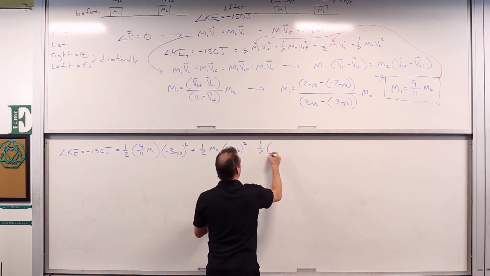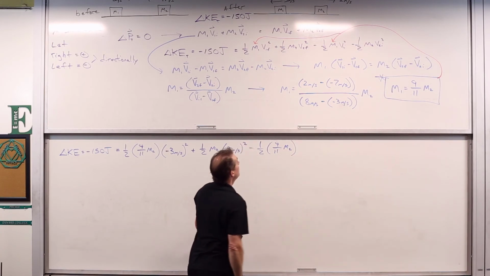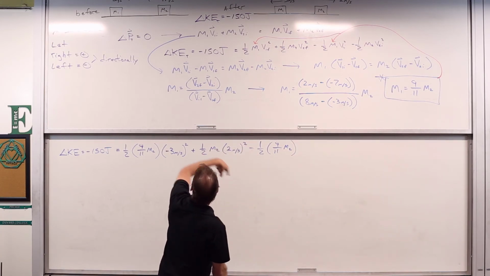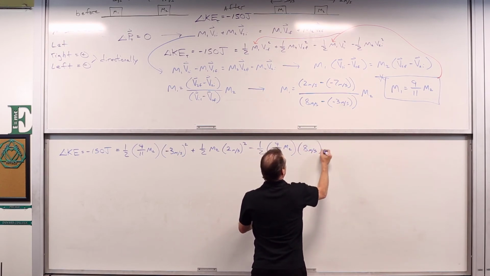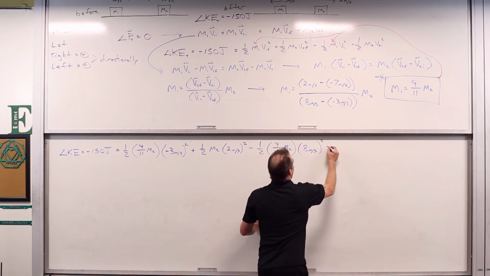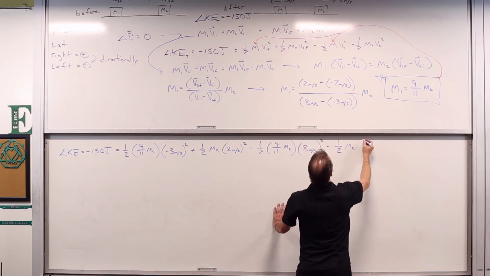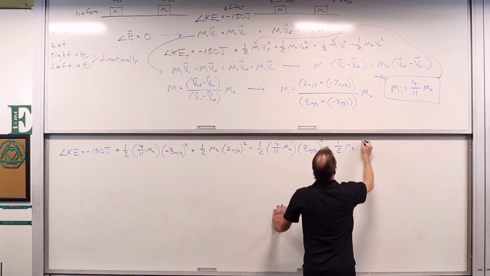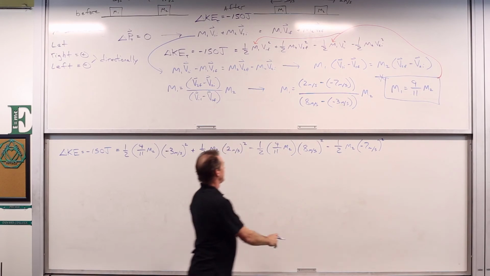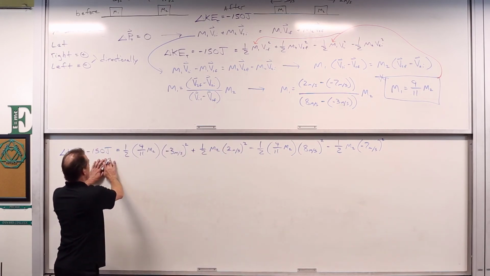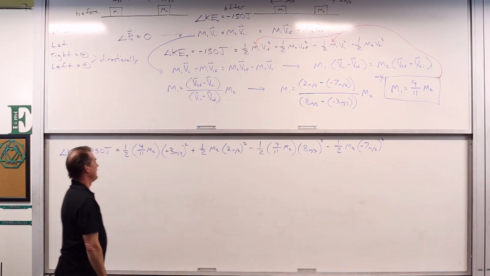M1 is 9/11ths of m2. 9/11ths m2 times v1 initial squared. v1 initial was 8 meters per second. That quantity is squared. Minus 1/2 m2 times v2 initial, which was 7 meters per second quantity squared. So 150 joules has to add up to be equal to all of this here.